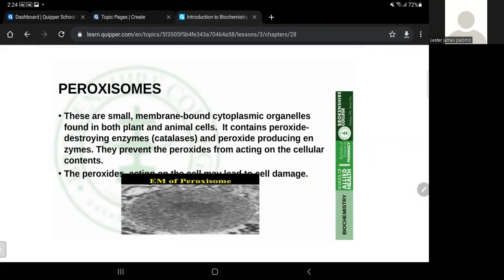The peroxide ion destroys enzymes like catalases, no? If we relate it to microbiology, there are some microorganisms or bacteria that are catalase positive.